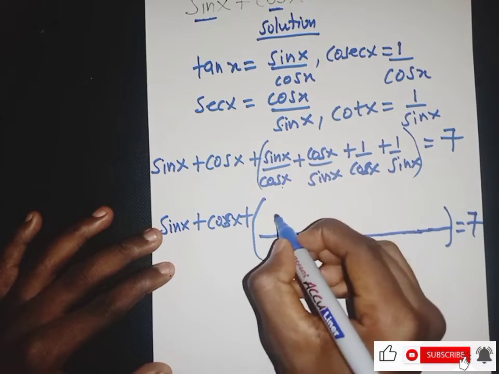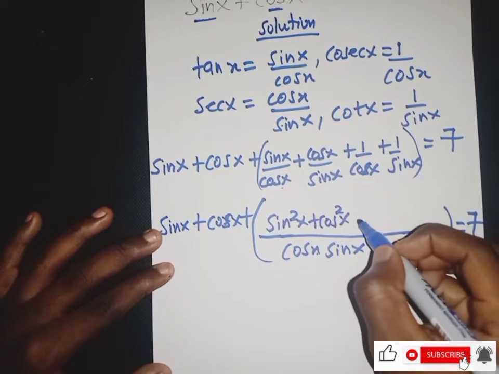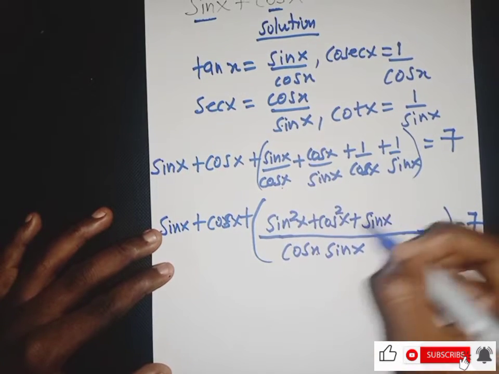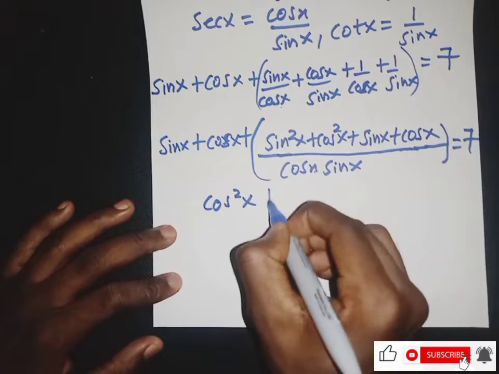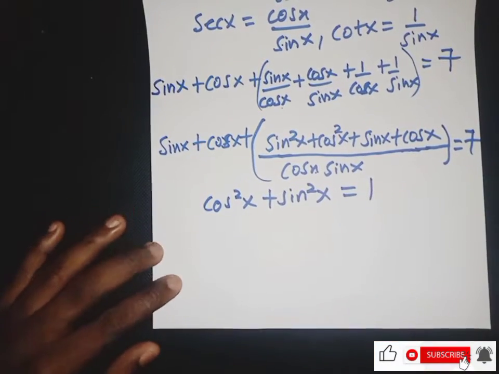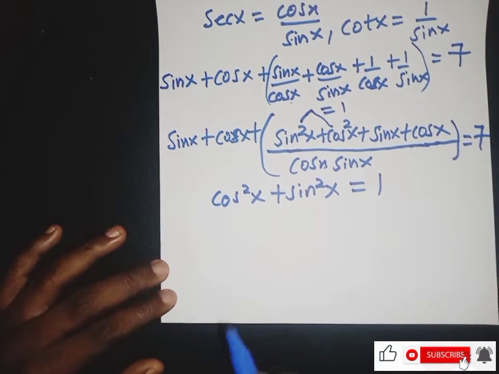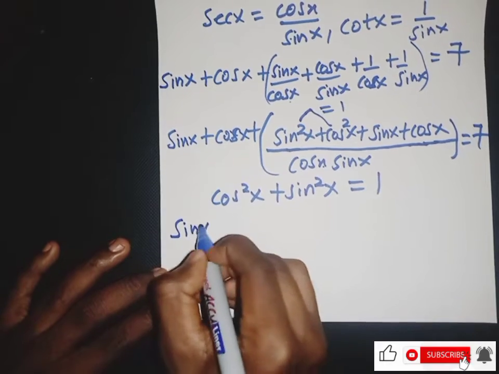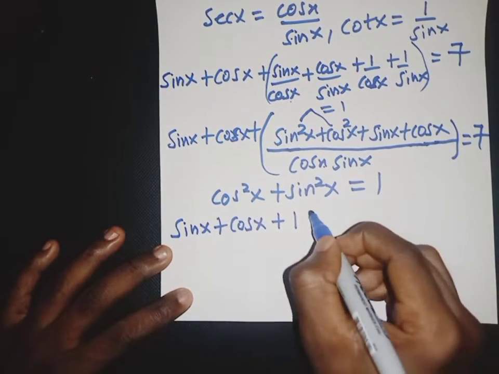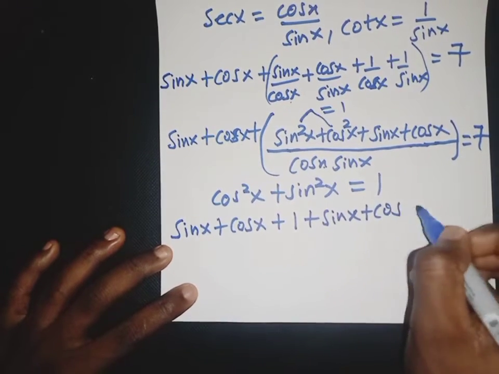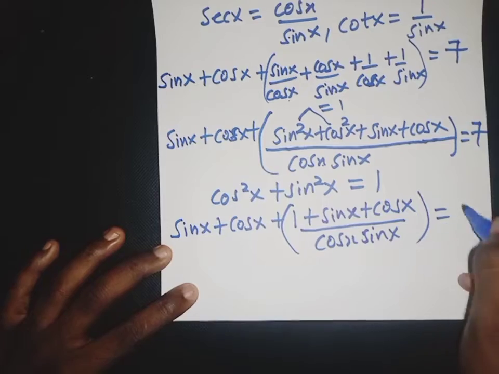So we have sine squared x plus cos squared x, then sine x and cos x. From trig we know that cos squared x plus sine squared x equals 1. So the whole of that goes into 1, and we get sine x plus cos x, plus (1 plus sine x plus cos x) divided by cos x sine x, being equal to 7.